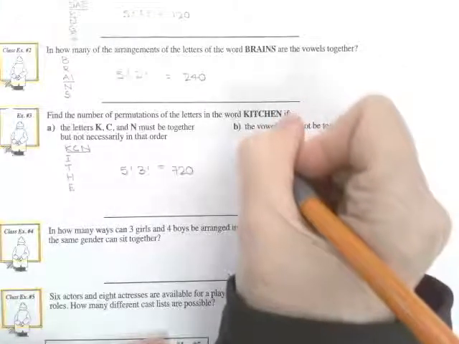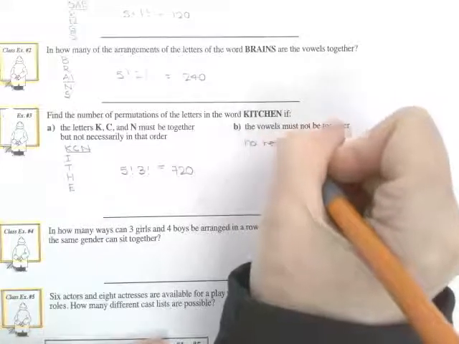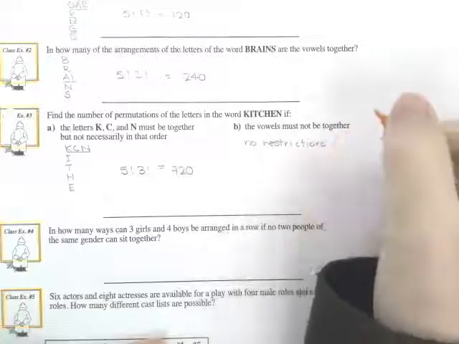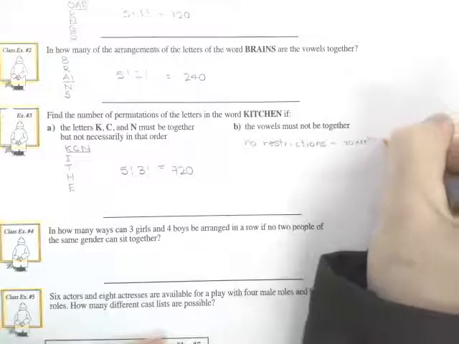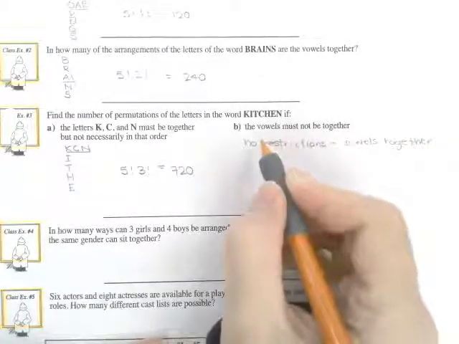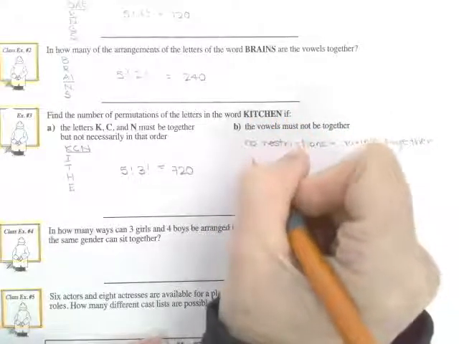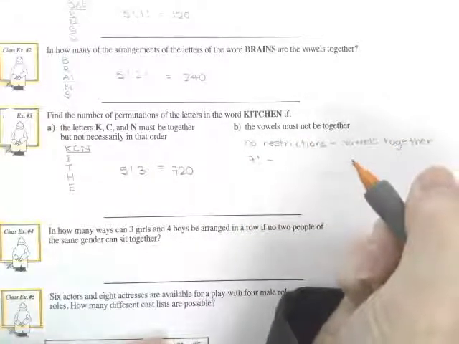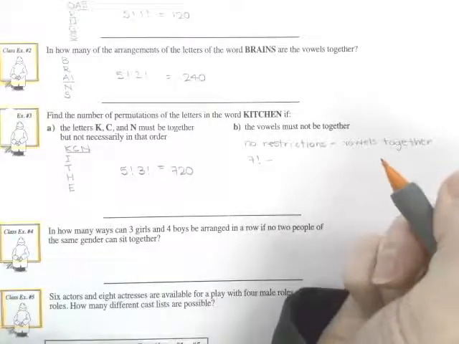So if I do no restrictions, take away vowels together. No restrictions, I have 1, 2, 3, 4, 5, 6, 7 letters, so 7 factorial arrangements. Take away the 720 that I just found. Oh, wait, I didn't find the vowels together.